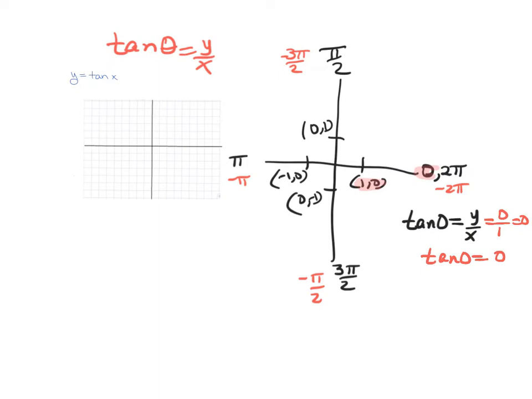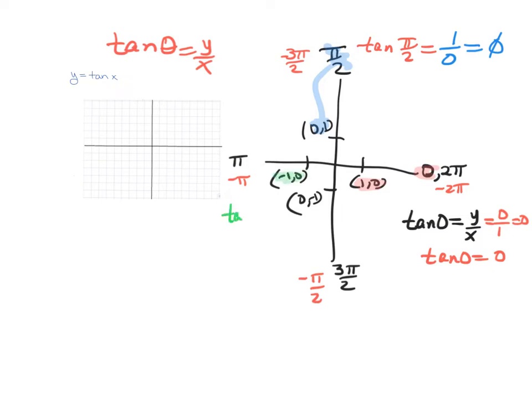Then if I did tangent of pi over 2, or negative 3 pi over 2, again, it's y over x. Pi over 2 uses this order pair. So this one ends up being 1 over 0, and this is undefined. Over here, for pi and negative pi, they're going to use this order pair.